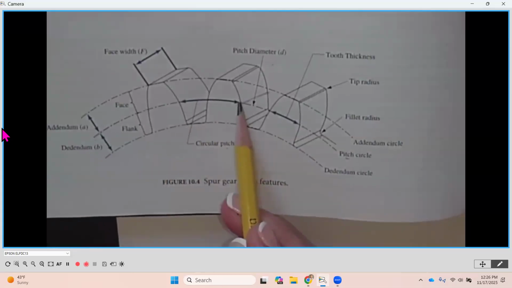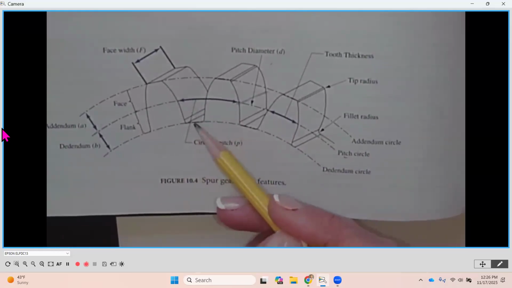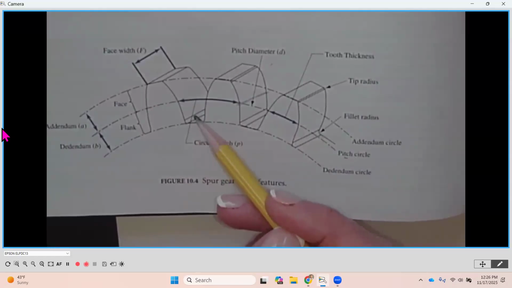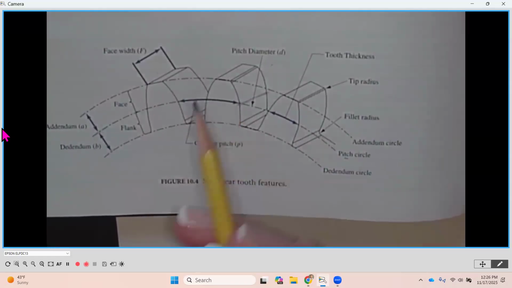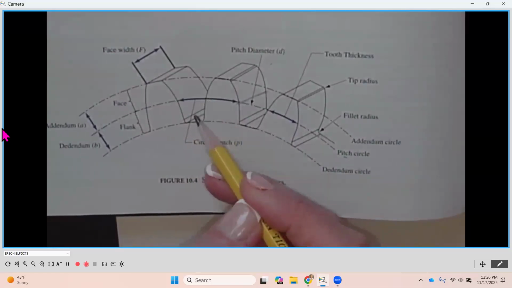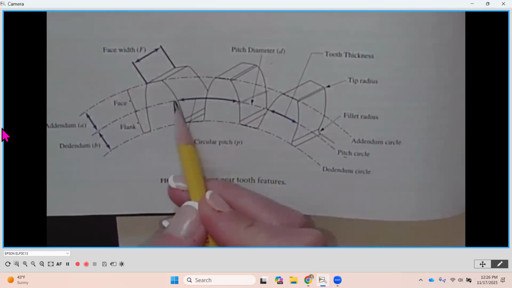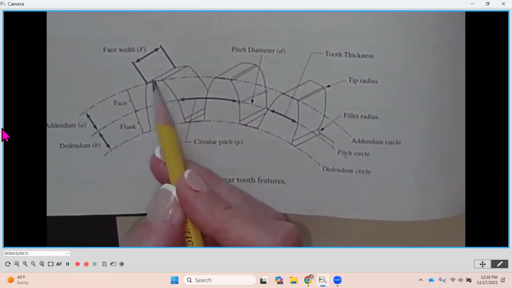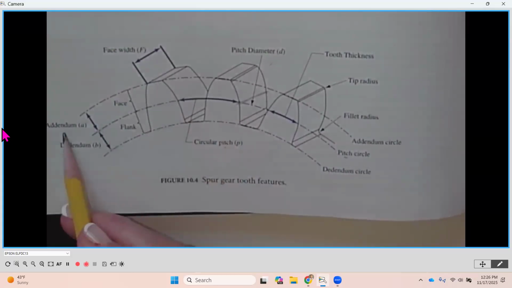You'll notice here that that is going to be about halfway up from what we call the root of the gear tooth and about halfway down from the top of the gear tooth. Not exactly, because when our tooth comes down in here, there has to be some clearance. It can't hit the bottom here. So the distance of the tooth above that pitch circle or that pitch diameter is called the addendum.